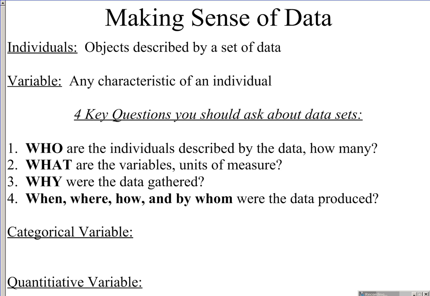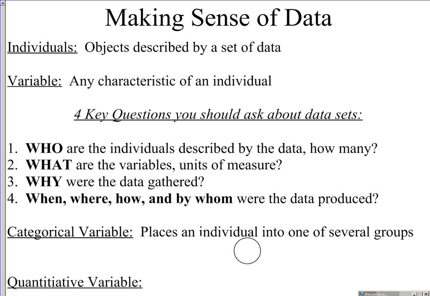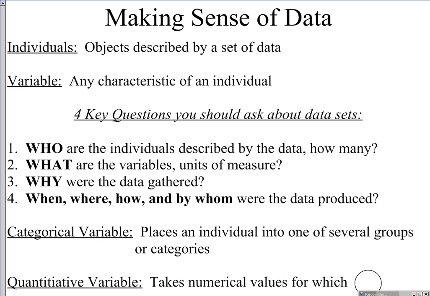Different types of variables that we can measure. A categorical variable places an individual into one of several groups or categories. Quantitative variables take numerical values for which mathematical operations make sense.